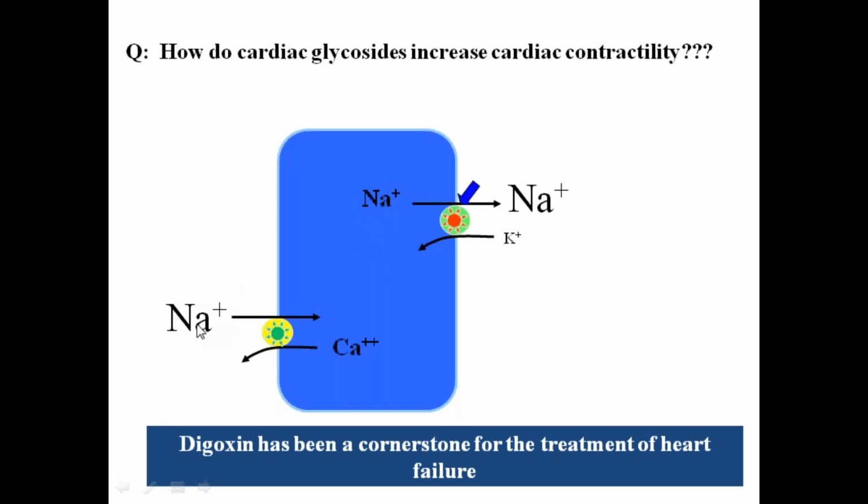As a result, the gradient of sodium for entry from outside to the inside of the cell is abolished. As a result, no more sodium will enter. As a result, no more calcium will come out. So because of this digitalis drug, the amount of calcium inside the cell is increased. And with the increase of calcium concentration inside the cell, there is an increase in force of contraction. Okay.